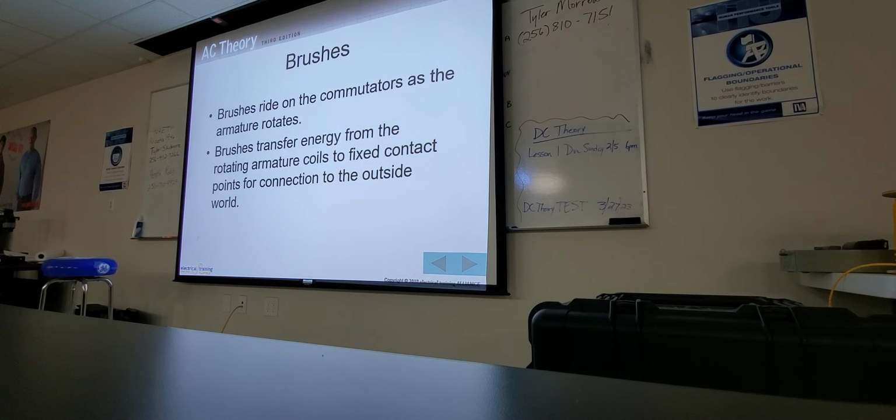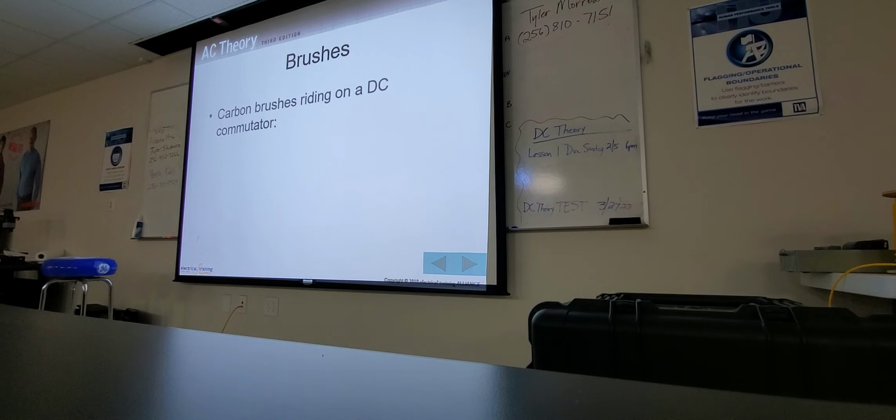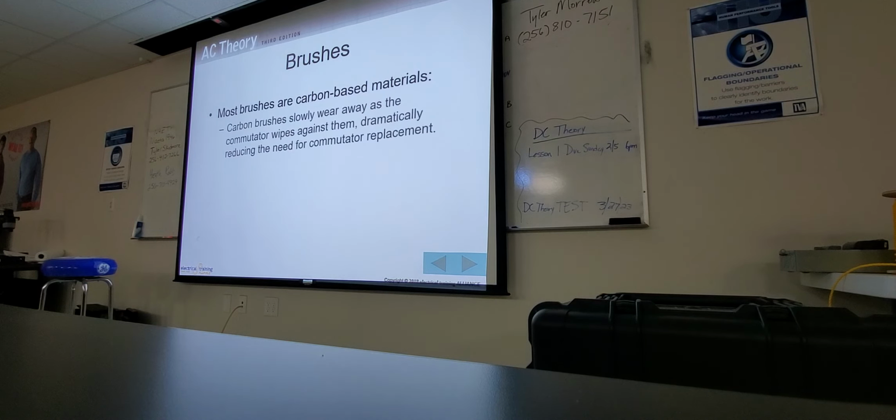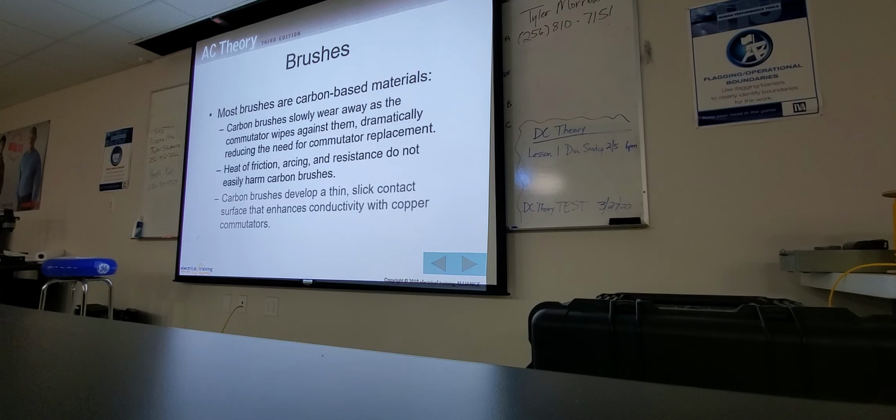So the brushes ride on the commutator as the armature rotates. Brushes transfer energy from the rotating armature coils to fixed contact points for connection to the outside world. This is a picture of carbon brushes riding on a DC commutator. Most brushes are carbon-based materials.